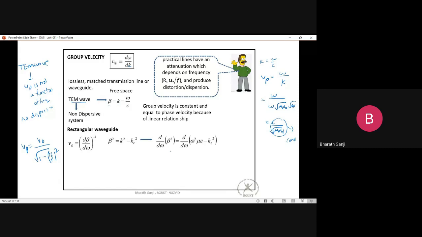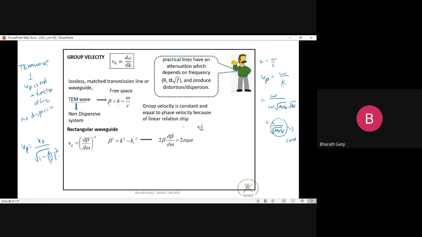If I take the derivative, k square is omega square mu epsilon, but kc is a constant, it depends upon the dimension of your waveguide. So I simply get 2 beta times d beta by d omega is equal to, since we have omega square, you get 2 omega mu epsilon. That is what I have written here.